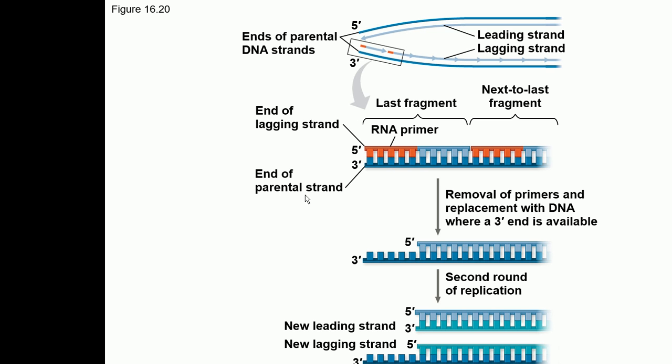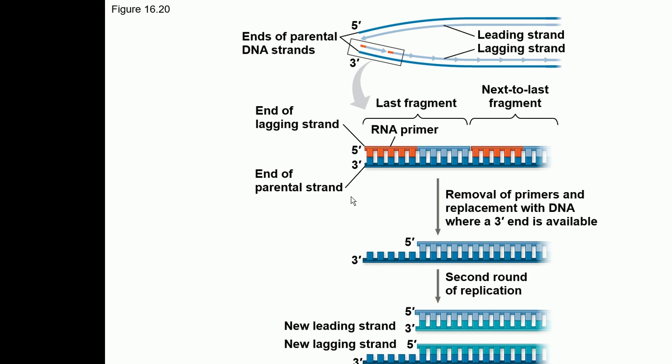So it means that when the two strands are made, the lagging strand always loses some part of the DNA, because the end of the DNA cannot be filled, right? So the lagging strand will always have some part removed from the ends.